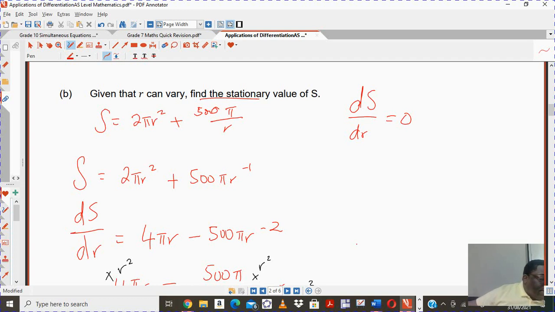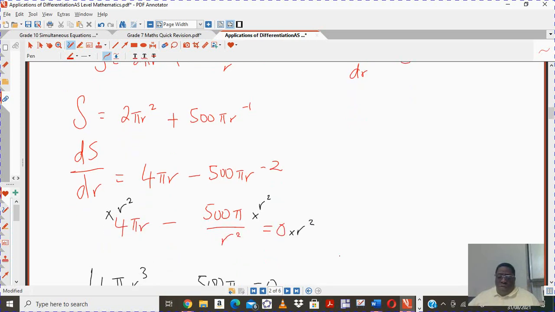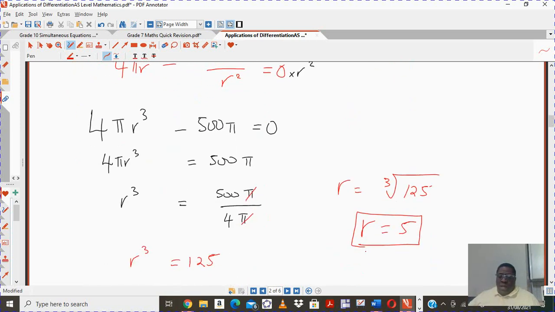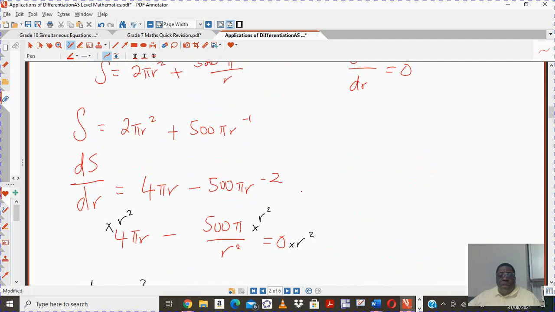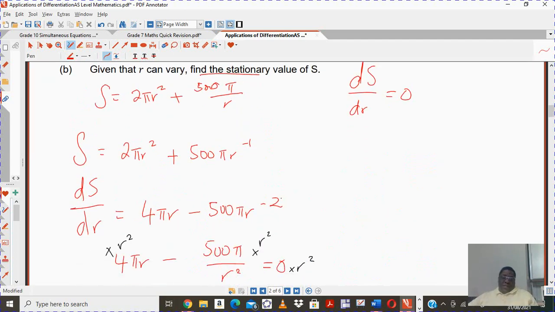Right, so there is a part that says we are supposed to find not the value of r per se, but we are supposed to find the value of S. So once we know now the value of r is, as I said, r is equal to 5, we are supposed to calculate what the value of S is.